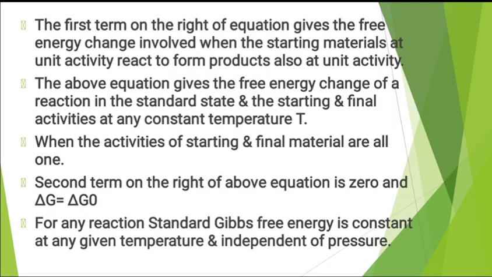Now the first term on the right of the equation gives the free energy change involved when the starting materials at unit activity react to form products also at unit activity.